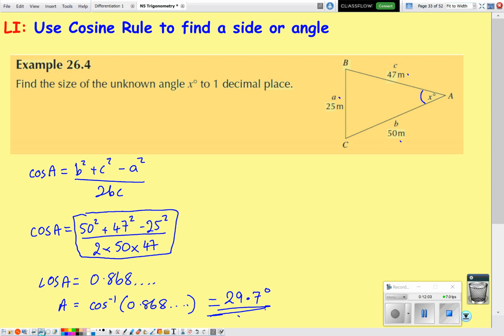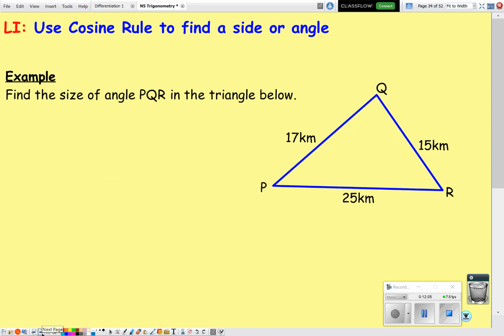Let's look at another one. This time it's triangle PQR, and we've to find the size of angle PQR. Well, angle PQR is this one here, the angle at Q. So let's write out the cosine rule for finding Q. Cos Q equals, now remember it's the two sides beside it squared and added, so it will be r squared and p squared that we're going to use.